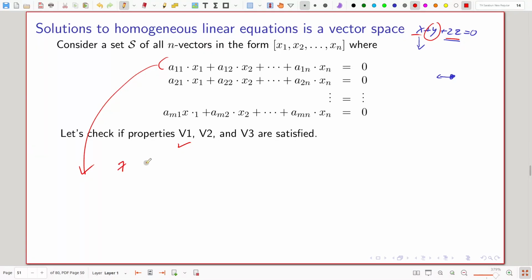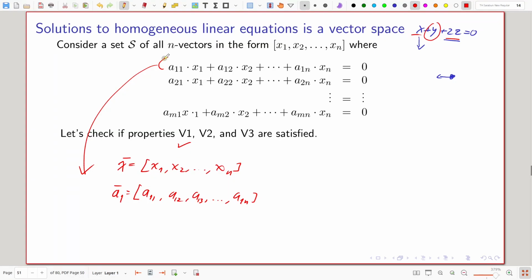You set vector x to be x1, x2, up to xn, and vector a1. Let me mark a dash on top of the variable to say it's a vector. So let a1 be a11, a12, a13, and so on to a1n.